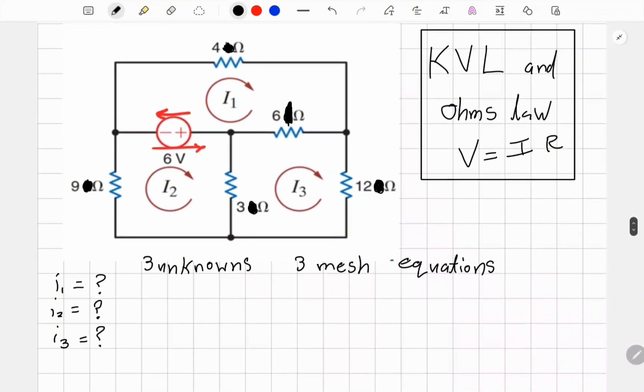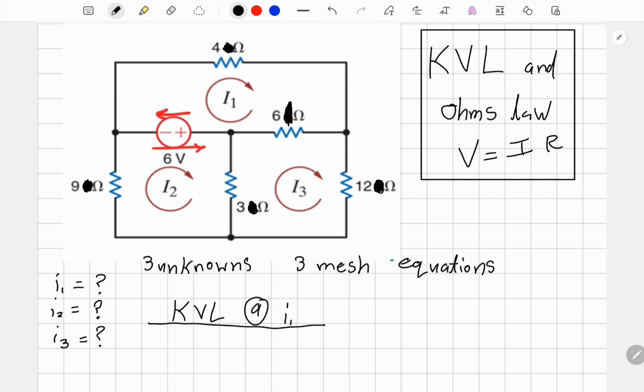Our next step is to write the mesh equations. I'm going to start in order from 1 to 2 to 3. So let's write KVL at I1.